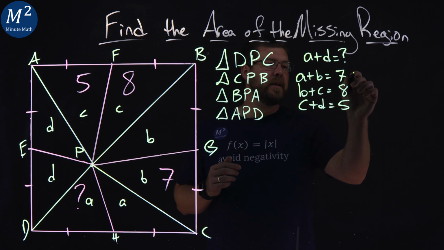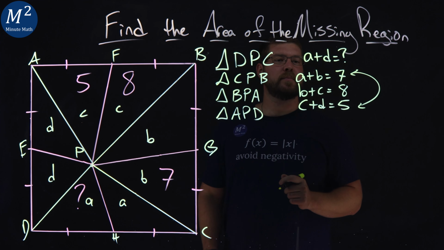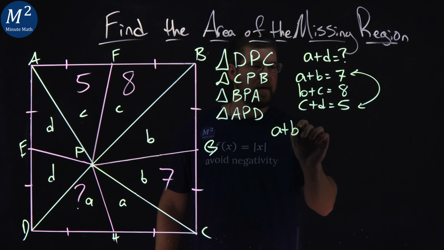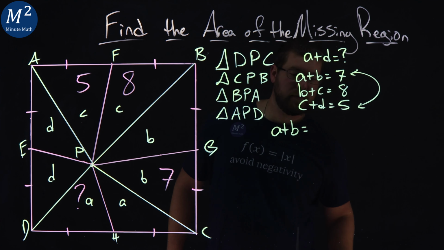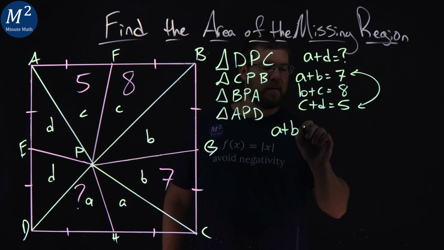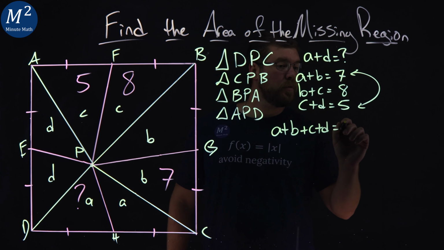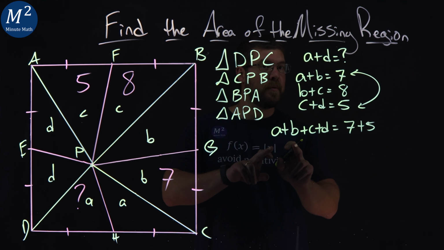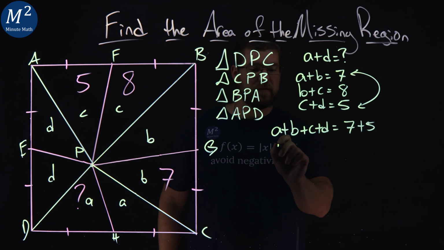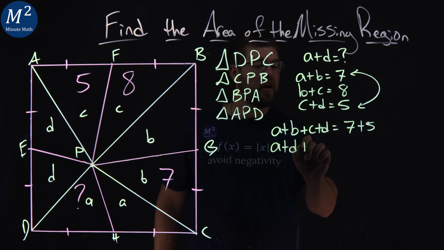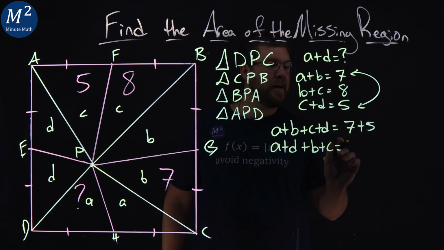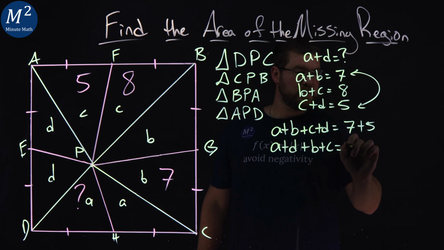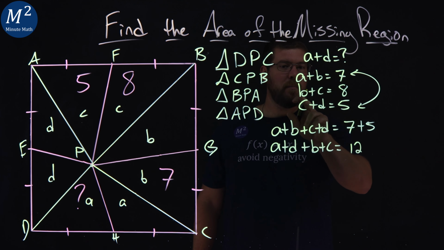The ones we're looking at right now are a plus b and c plus d. Let's add them all together. a plus b plus c plus d is equal to 7 plus 5. The left-hand side, I'm going to rearrange to be a plus d first. a plus d plus b plus c is equal to 7 plus 5, which gives us 12.